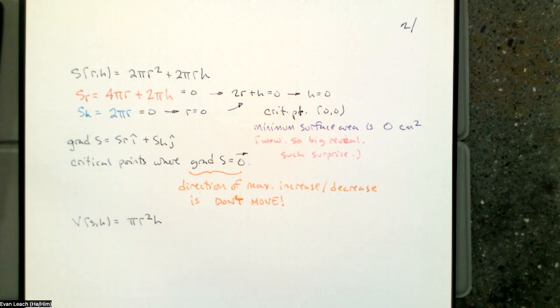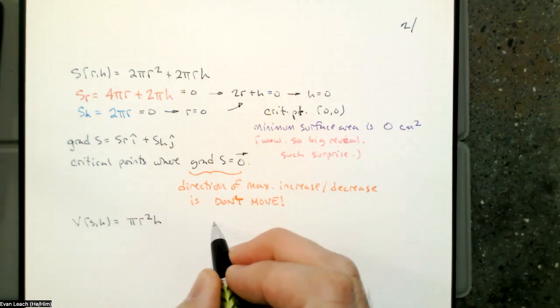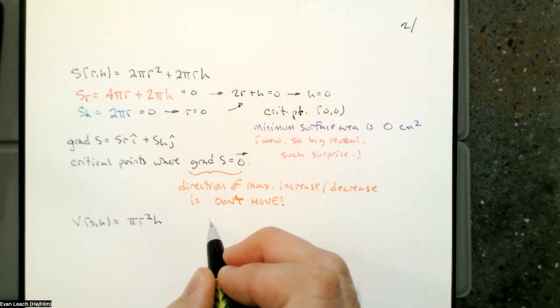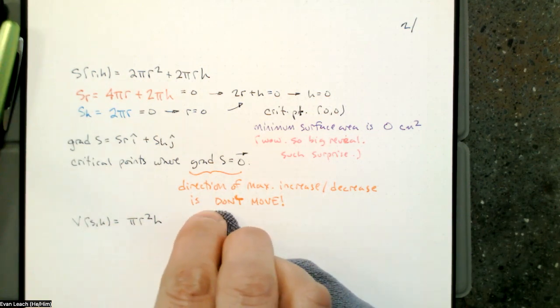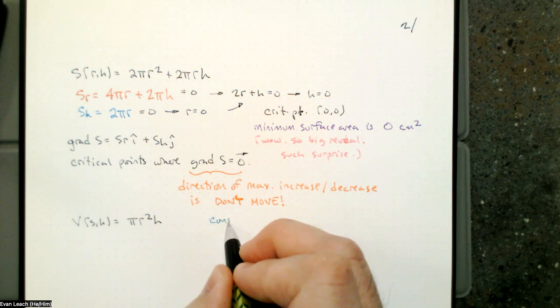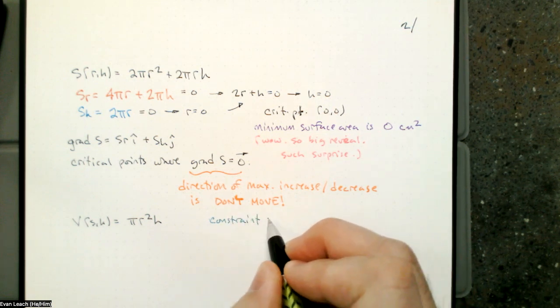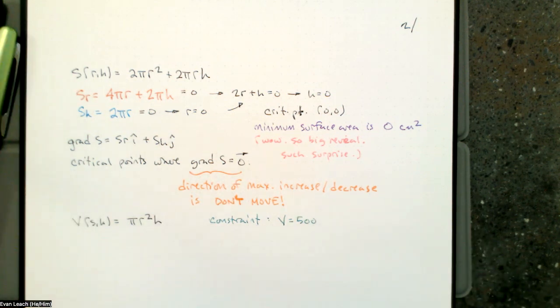Our constraint is that this volume is equal to 500. Well, let's take a look at our partial derivatives here.